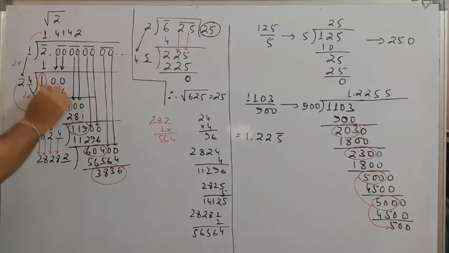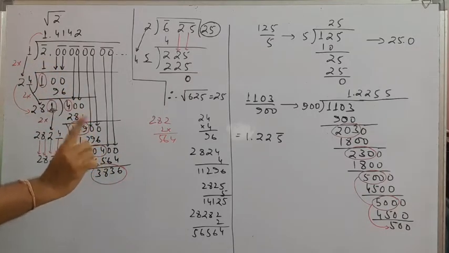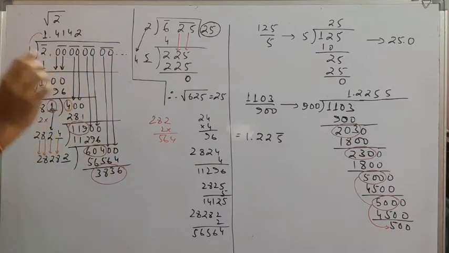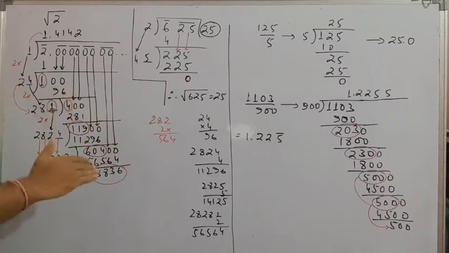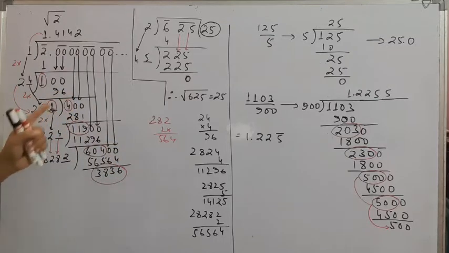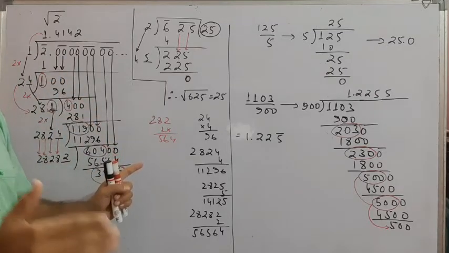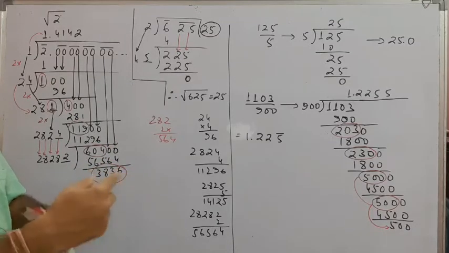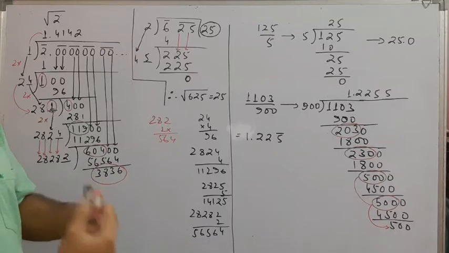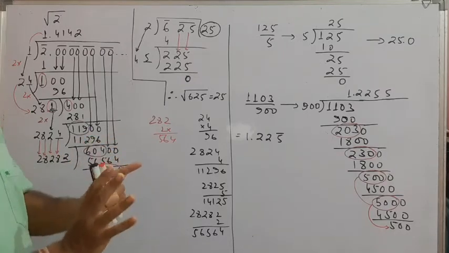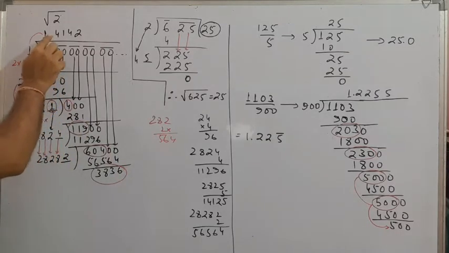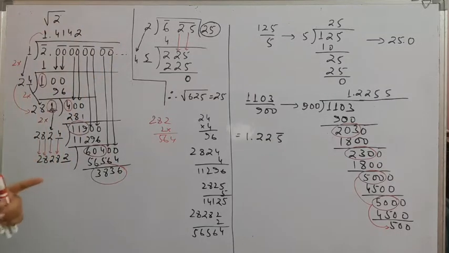That means after doing these steps, or if I do some more steps, I have not seen any number come again as remainder. So the remainder is non-repeating, as a result you will not get repetition of digits in the decimal place.